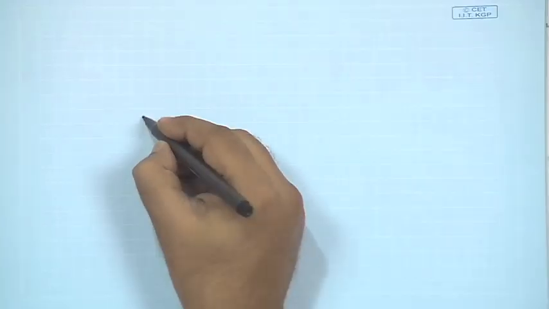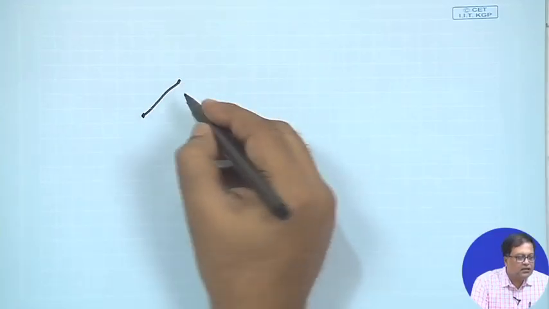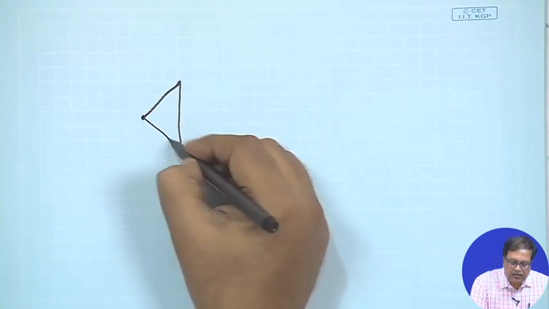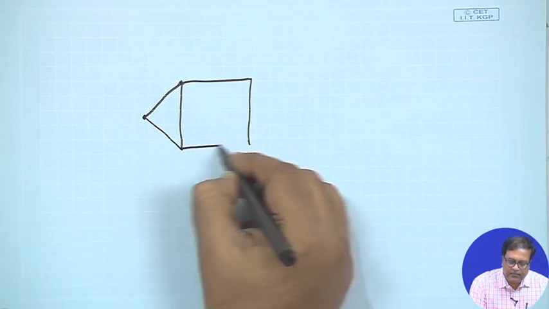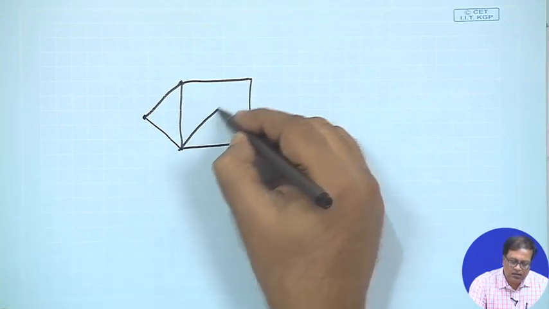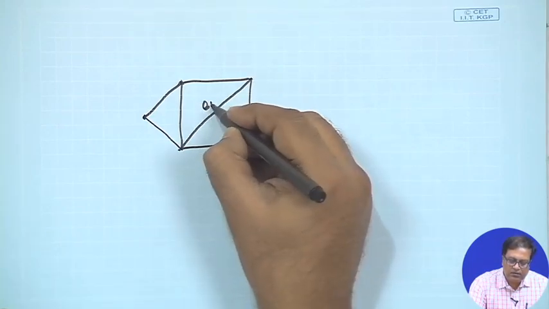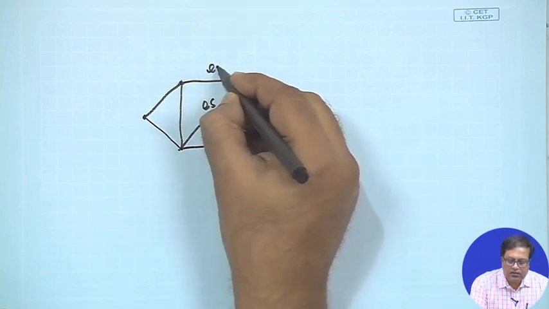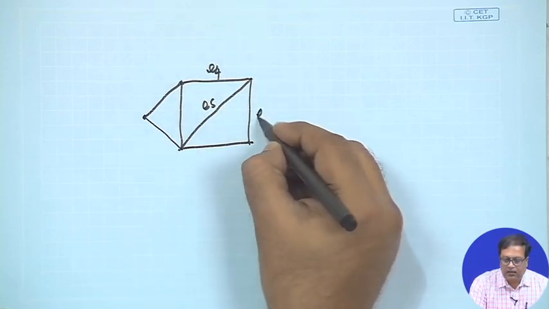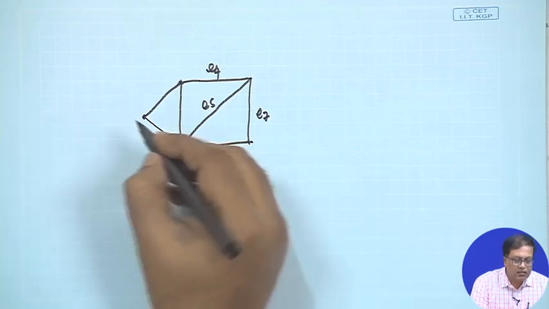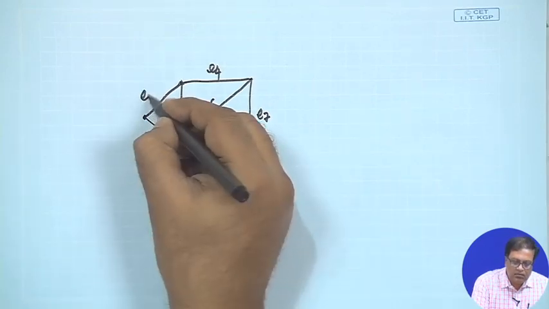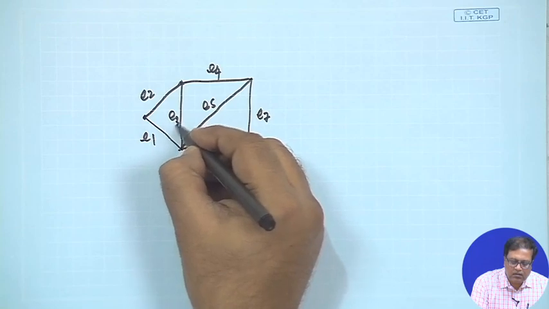Let us draw this graph here. There is a triangle here and a square here, and then there is a connection. This one is E5, this one is E4, E7, then E6, then E1, E2 and E3.